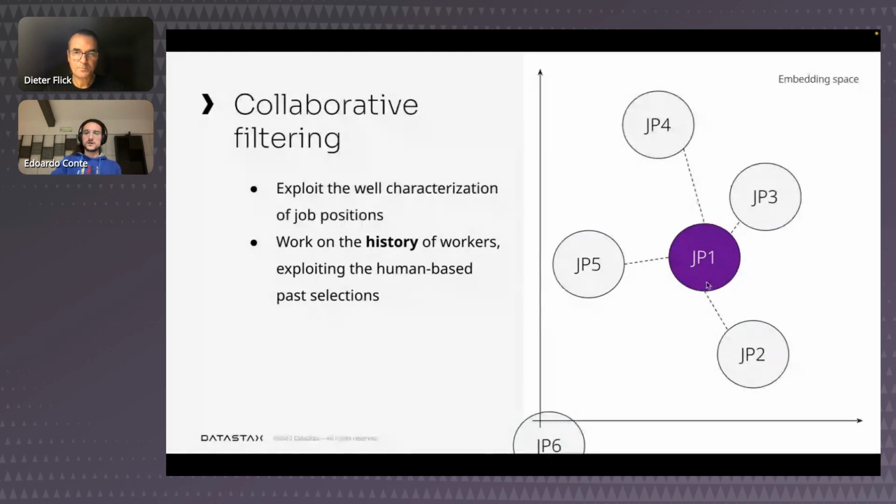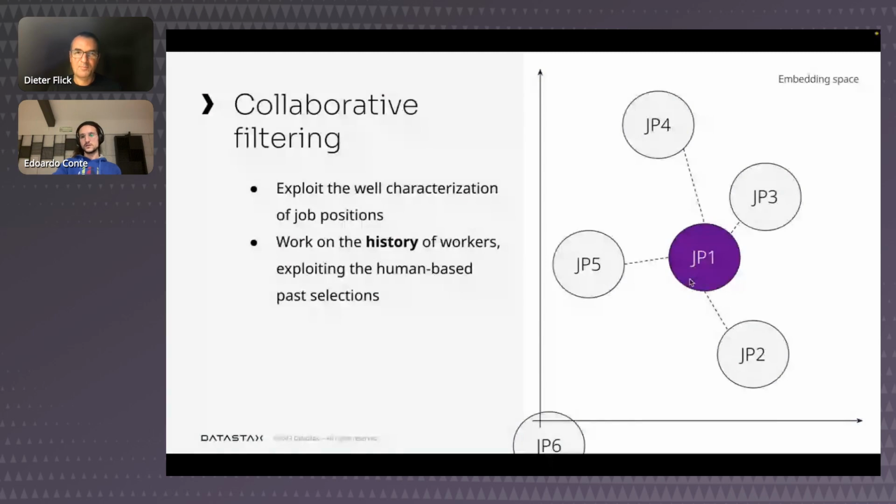So what we do is that in this case, we extract the job positions that are very similar to this one, semantically similar. So for example, in this case, we do have job position 2, 3, 4, and 5, which are some job positions that we've managed maybe in the past, like 6 months ago, 3 months ago, 1 year ago, which are very similar in the characterization to this one here.